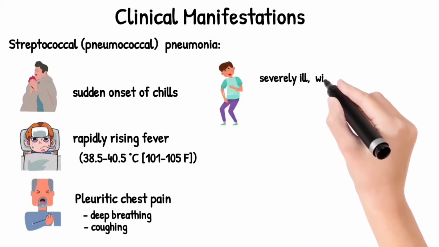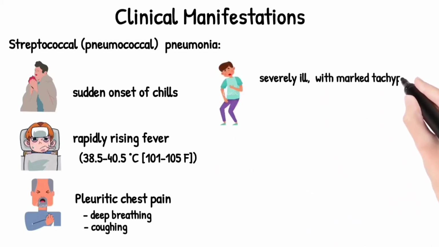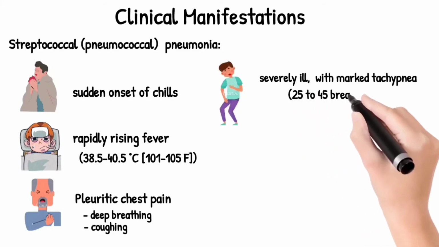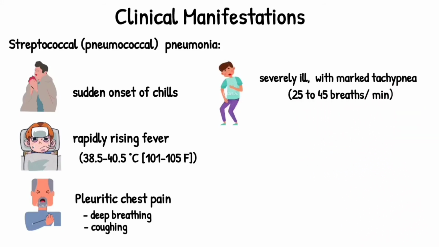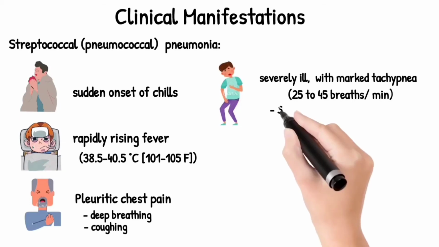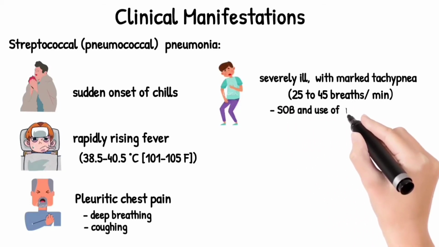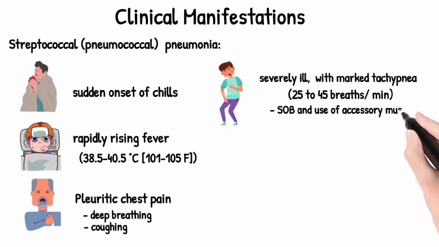The patient is severely ill with marked tachypnea of about 25 to 45 breaths per minute, accompanied by other signs of respiratory distress such as shortness of breath and use of accessory muscles in respiration.